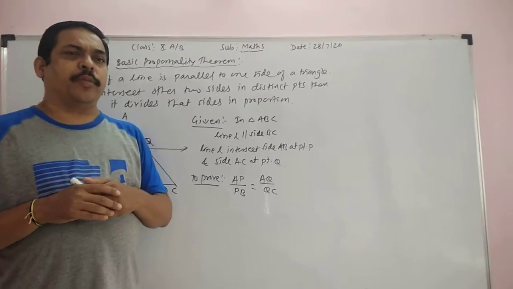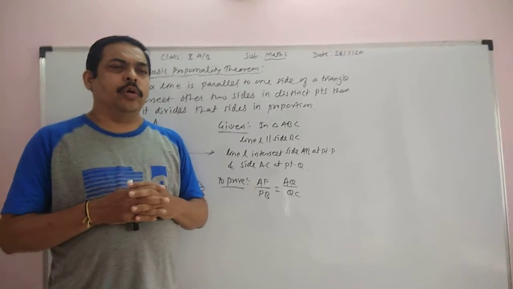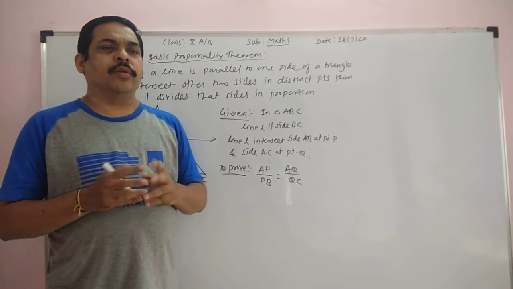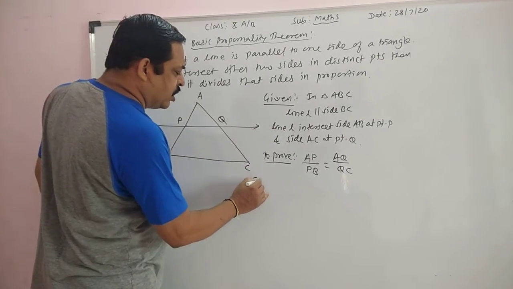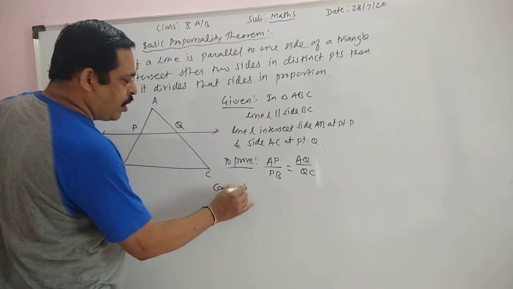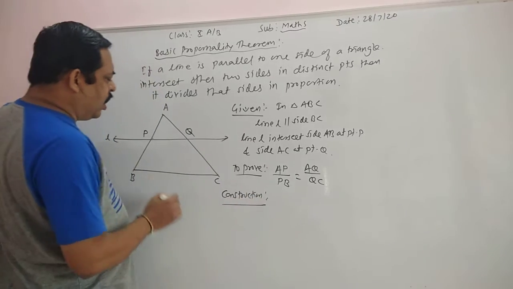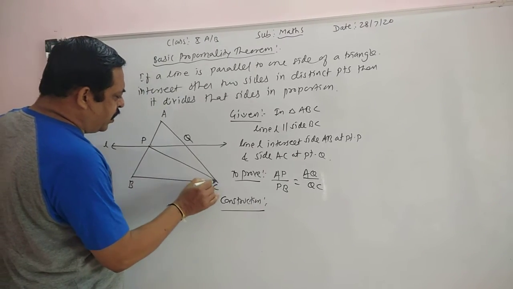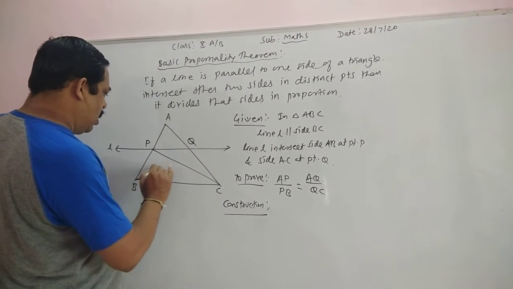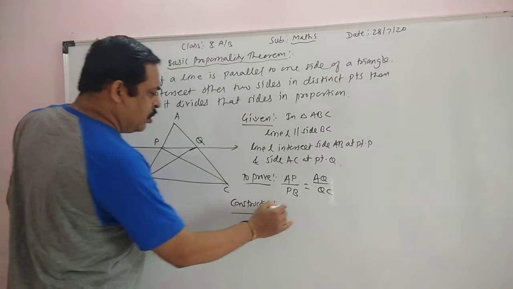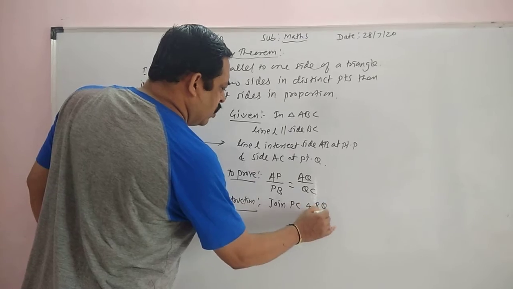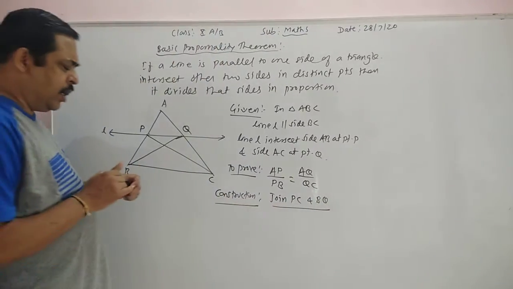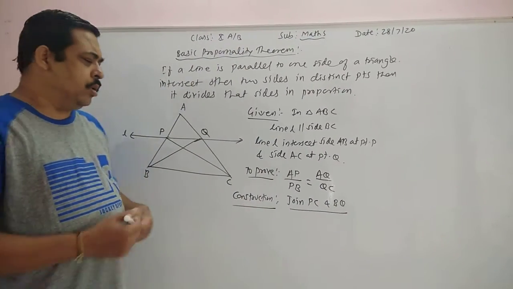If the given information is insufficient to prove the required things, then we assume some things that we call construction. Here, join PC and BQ. That we consider as the construction.